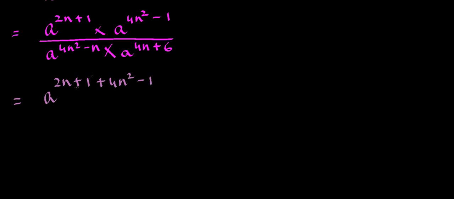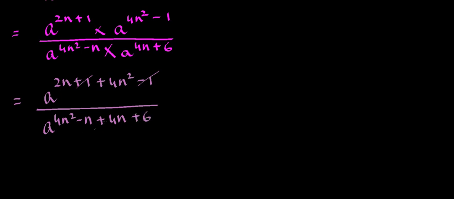Now this plus 1 and minus 1 will both get cut off upon a raised to 4n square minus n plus 4n plus 6. Now here there is minus 4n, plus 4n and minus n. That can be done with something. We will have that's equal to. Now this entire term, this entire denominator, if you see, we have again common base.